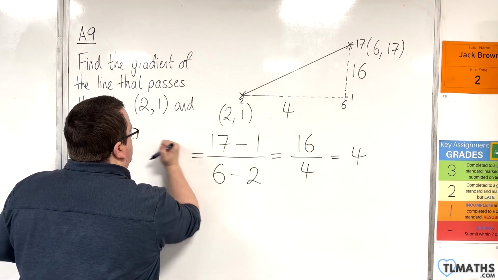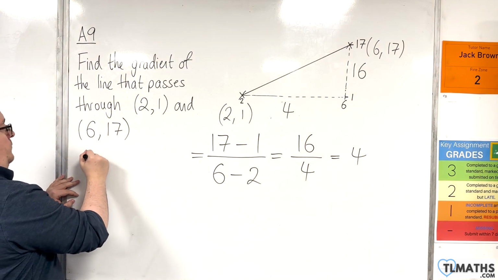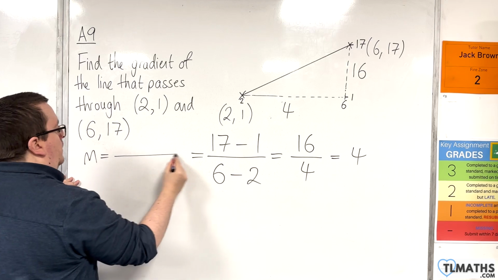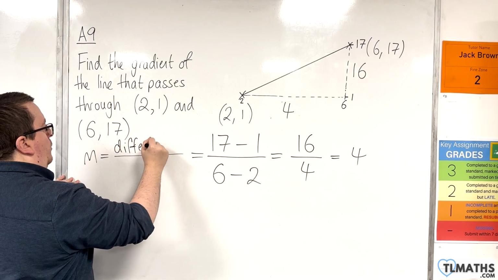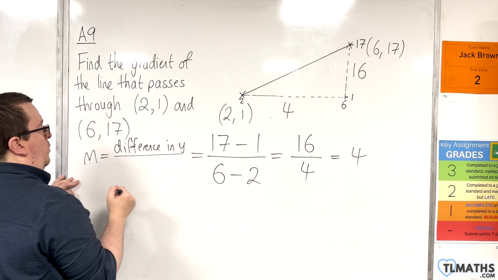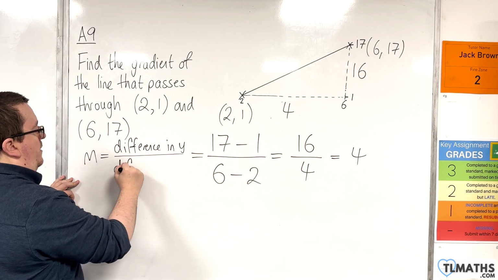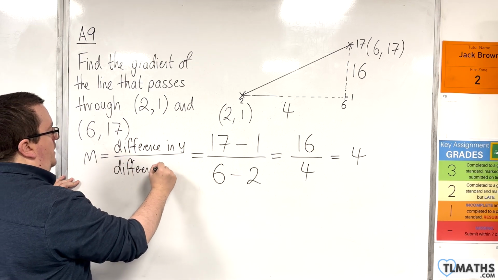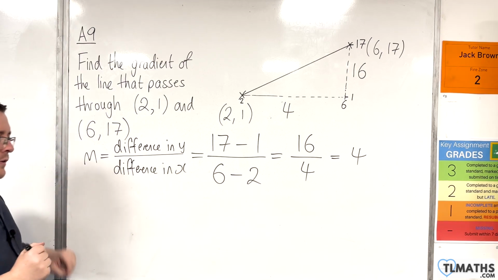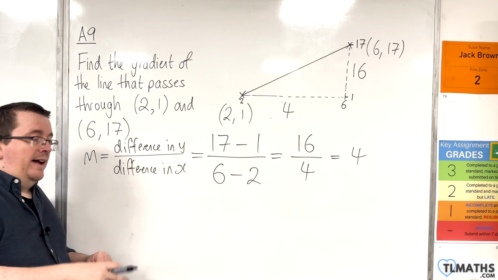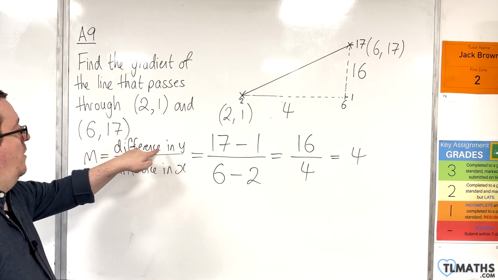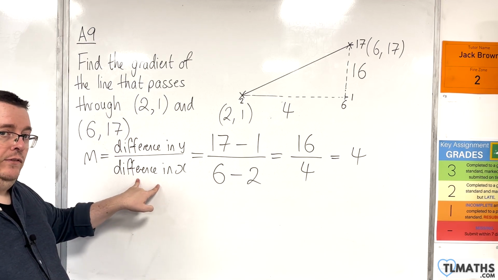And in the denominator, you have the difference in the x coordinates. So let's take a step back. So we have the difference in the y coordinates divided by the difference in the x coordinates. Okay? When you take this to the next level, you'll be thinking dy over dx. Okay?